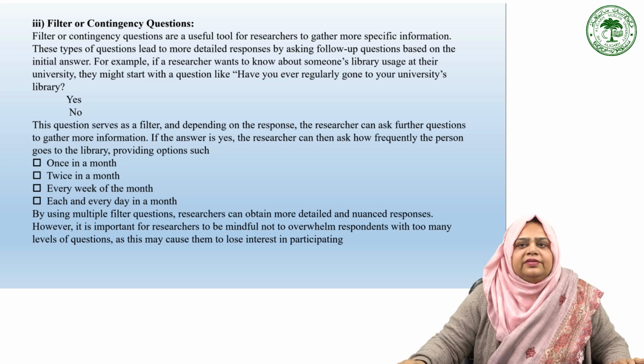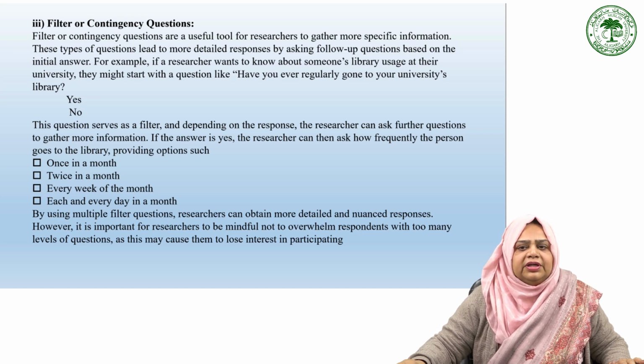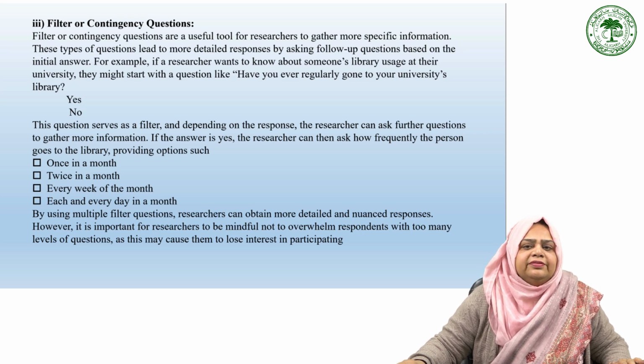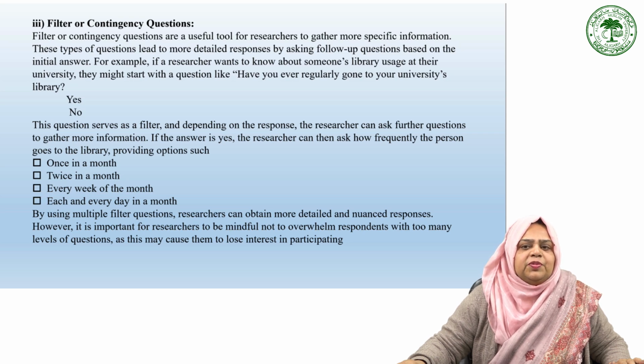For instance, if a researcher wants to understand how frequently someone uses their university's library, they might begin with a question like, have you ever regularly gone to your university's library? This question acts as a filter, and depending on the answer, the researcher can ask additional questions to gather more information. By using filter questions, researchers can obtain more detailed responses.